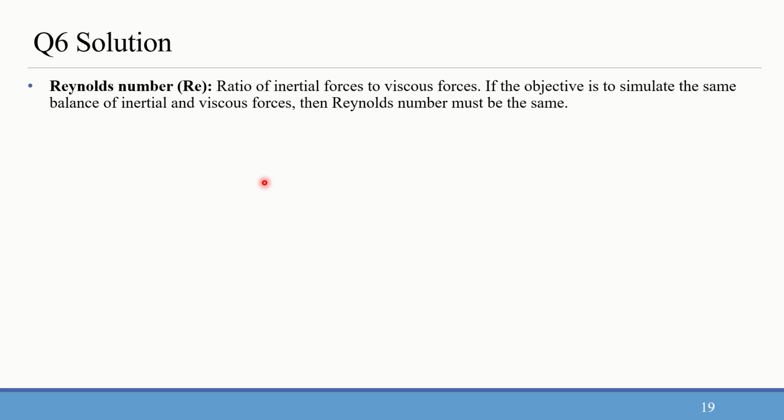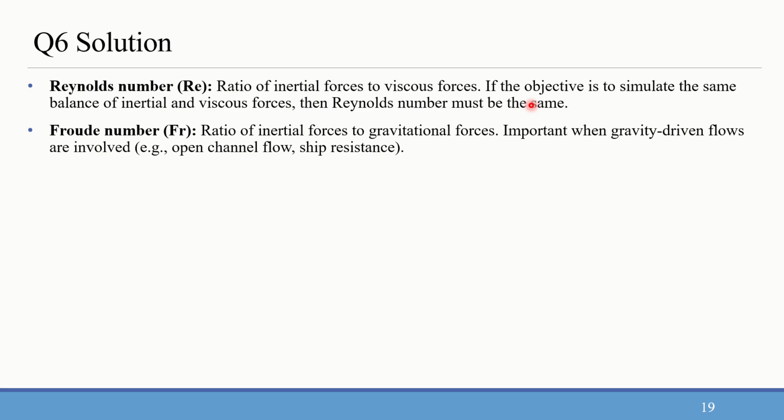Just to give you an idea what is what, Reynolds number is the ratio of inertial forces to the viscous force. If the objective is to simulate the same balance of inertial and viscous forces, Reynolds number must be there. Second one is Froude number.